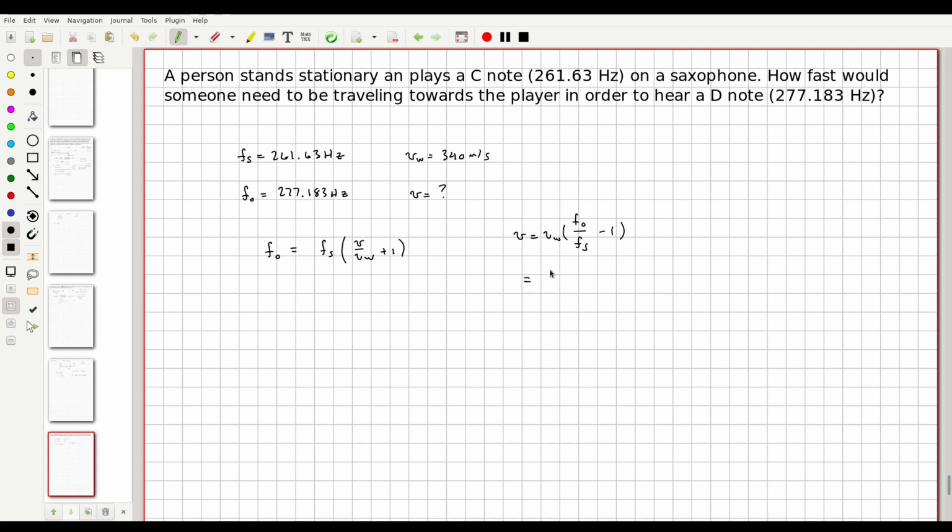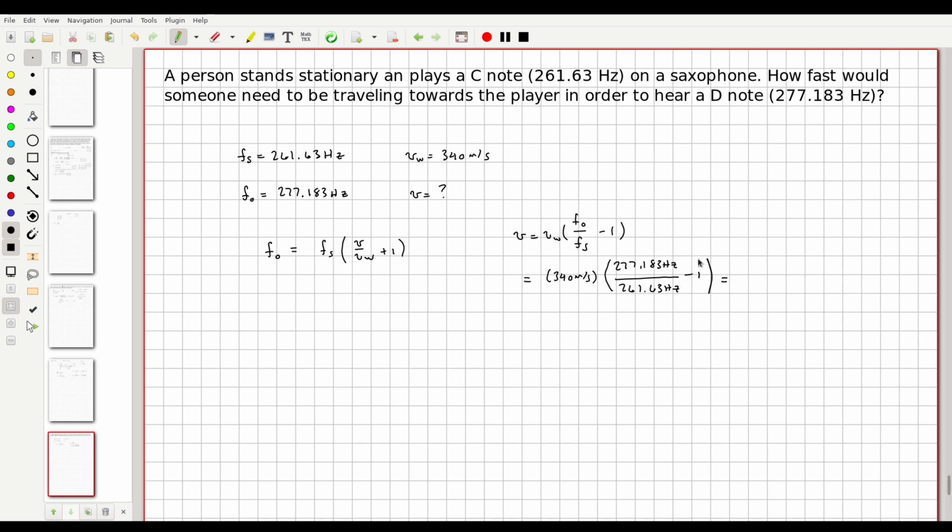So let's plug stuff in. V_W is 340 meters per second. f_0 is 277.183 hertz. The source frequency is 261.63 hertz. Subtract 1 away from that.